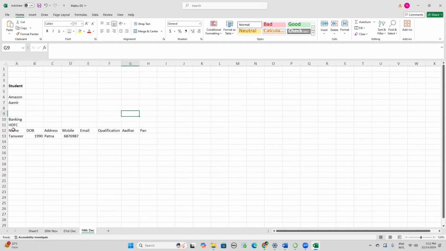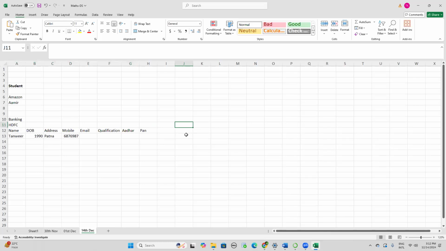So what will happen? In the HDFC database, they'll make one entry for me. Yes or no? Yes, they'll make one entry in the database in my name. And then they will give some customer ID and some other things, right?